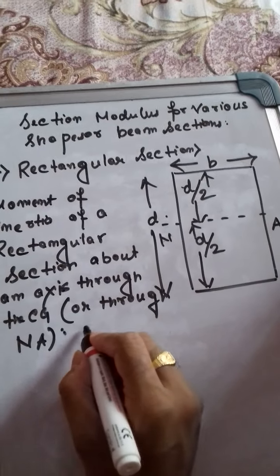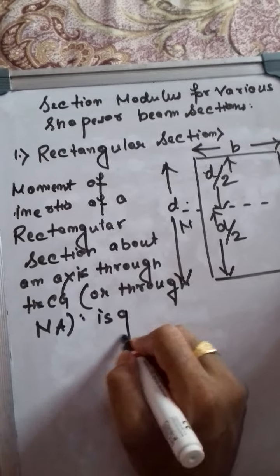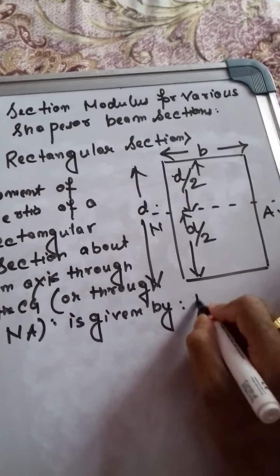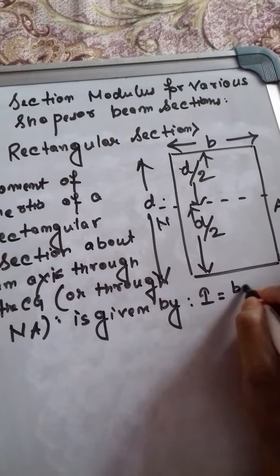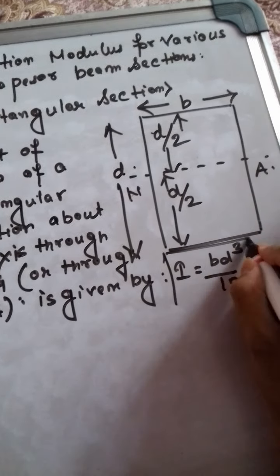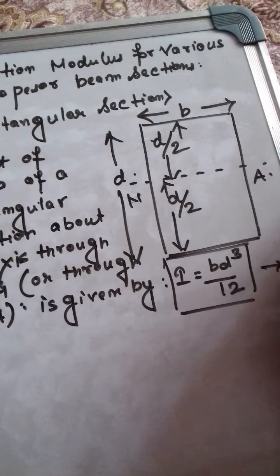It is given by I is equal to bd cube divided by 12. This we already know, you can name it as A.